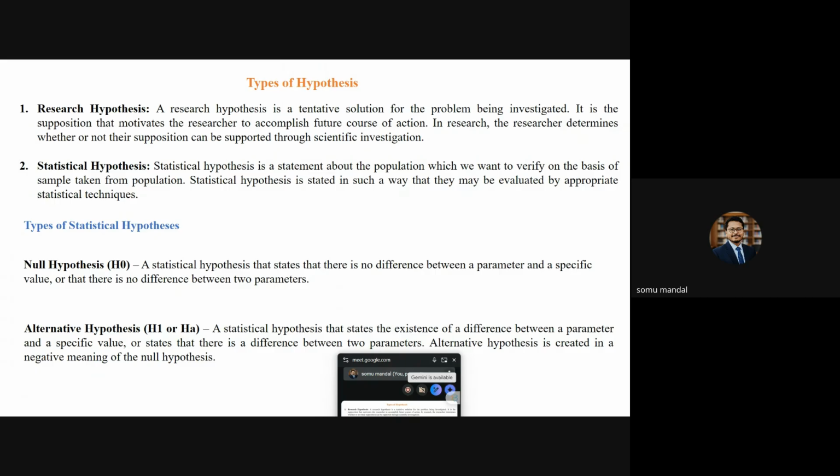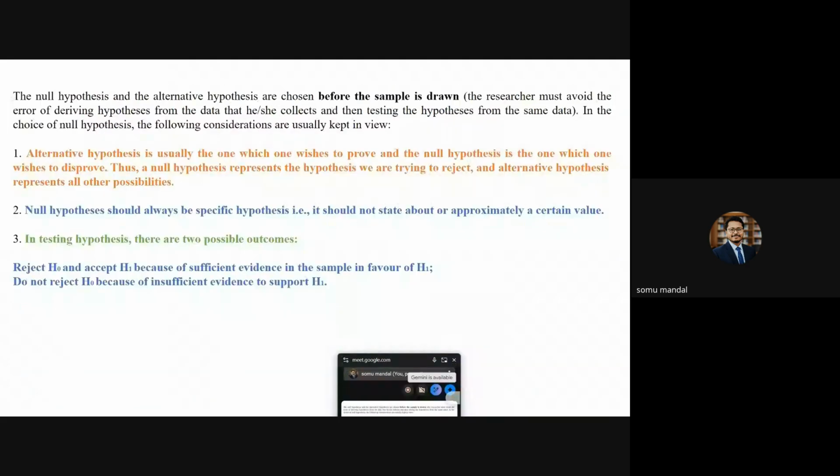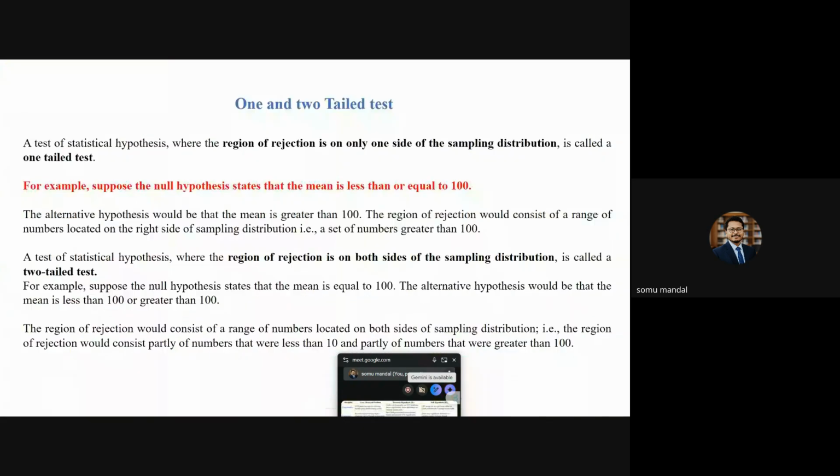Null hypothesis means no difference, no impact, no effect. The opposite sense we consider as the alternative hypothesis. How can we judge the null and alternative hypothesis? It is based on which test we conduct and the critical value of this analysis: one is the calculated value, another one is the critical value.